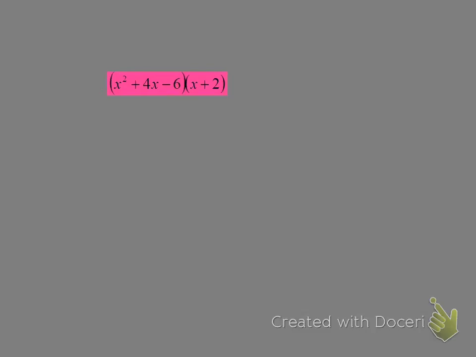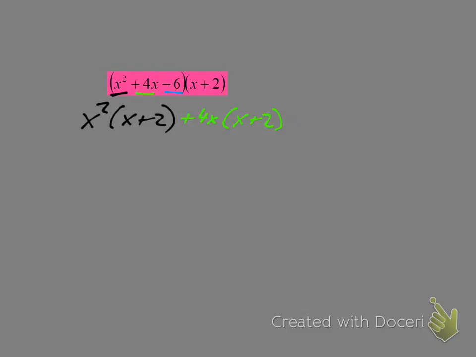So what we're going to do is this. Just to show all the work, I'm going to take x squared and multiply it by x plus 2. And then I'm going to take 4x and multiply it by x plus 2.